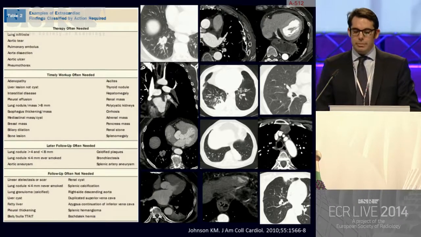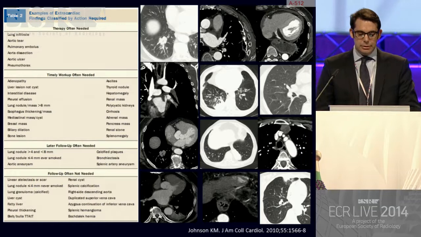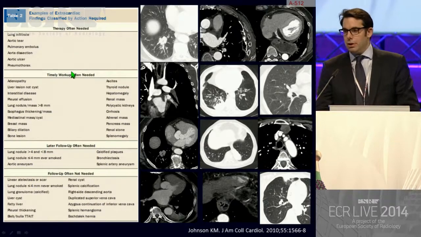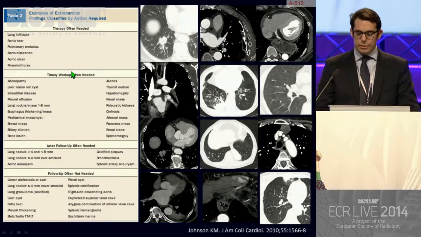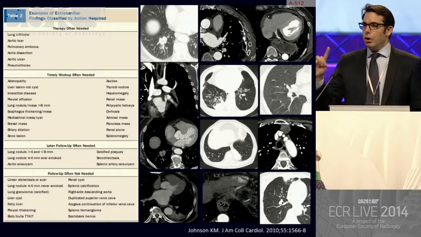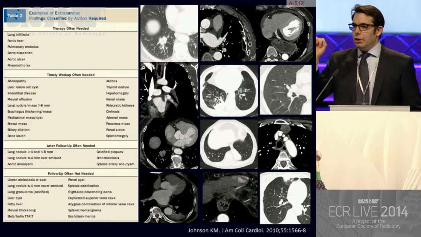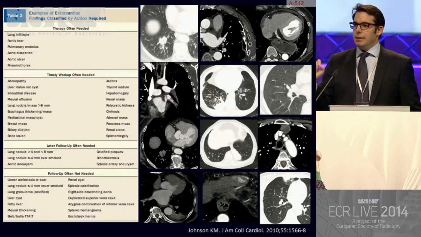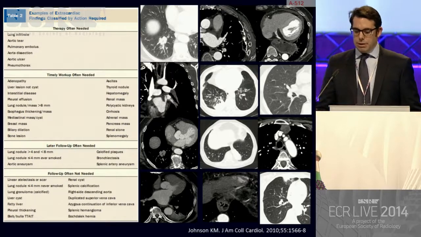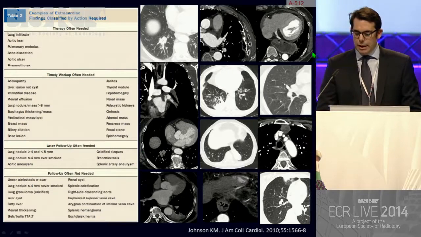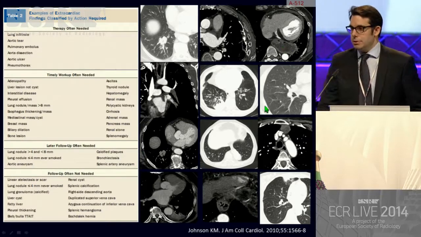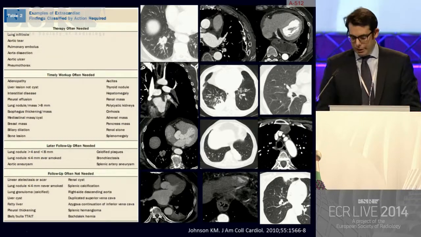Some of them will be clinically important and will need therapy. Others will need workup, pulmonary nodules follow-up, for example. Others won't need anything. And remember also that we can find etiologies that are causing the chest pain. The clinician may suspect coronary disease, but we can easily find, for example, a hiatus hernia, which is causing the symptoms. So always look at the extracardiac findings.